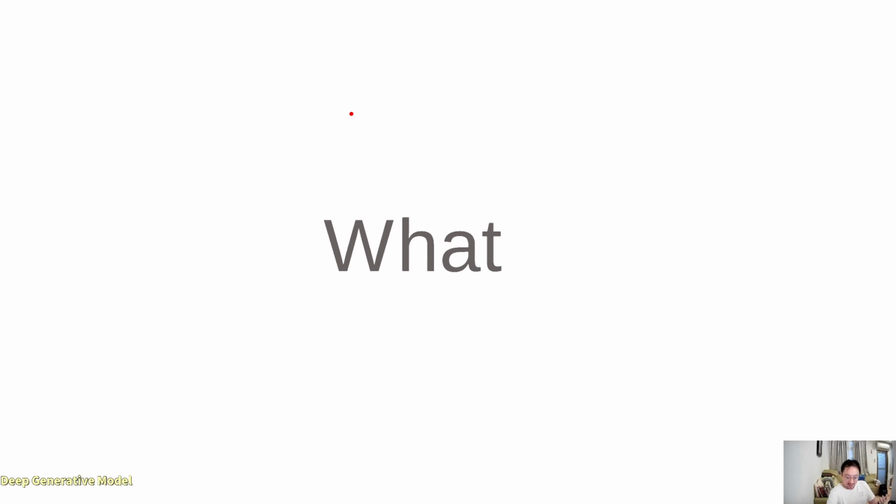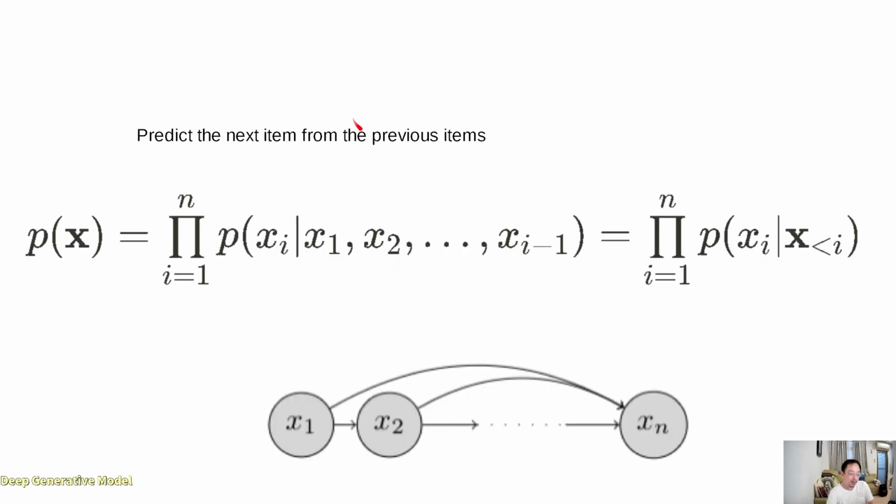So what exactly is the autoregressive model? In formula, it is simply this formula. What we want to do is to predict the next item, or consider a sequence of items, which we call a time series. Like we have x1, x2, x3.